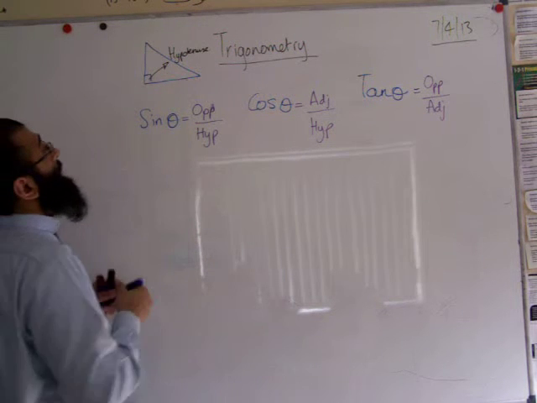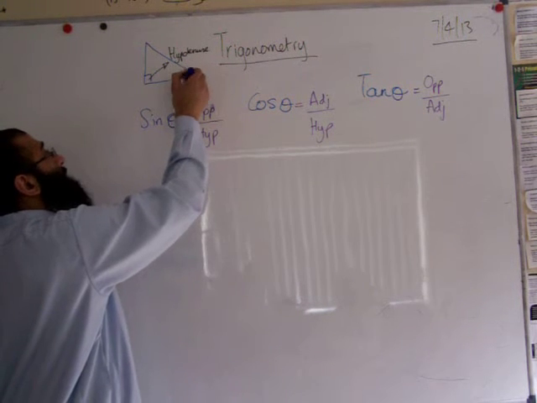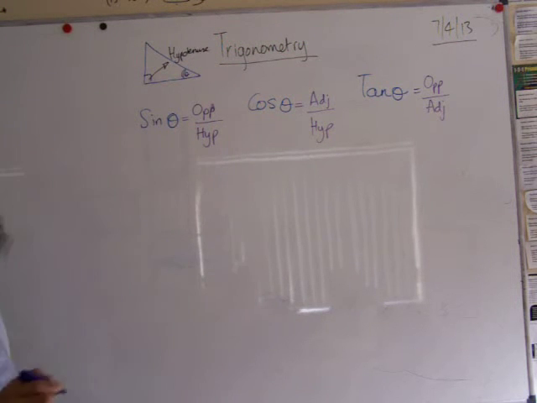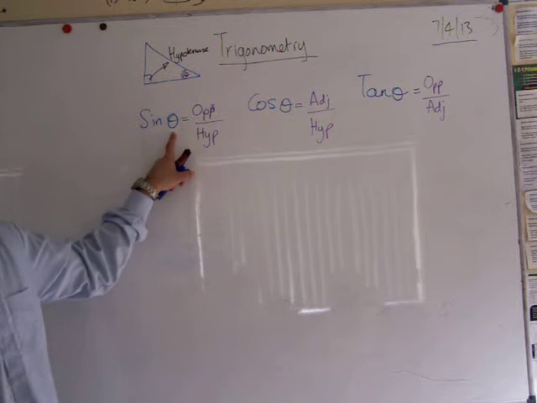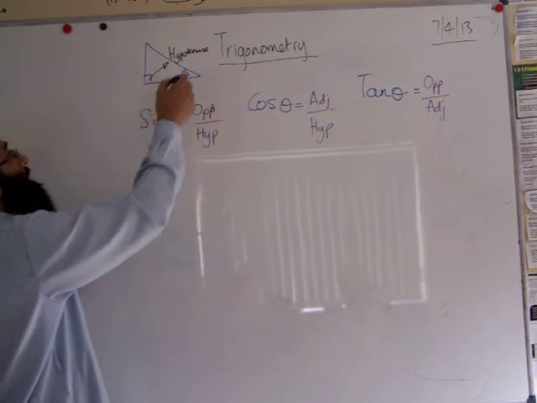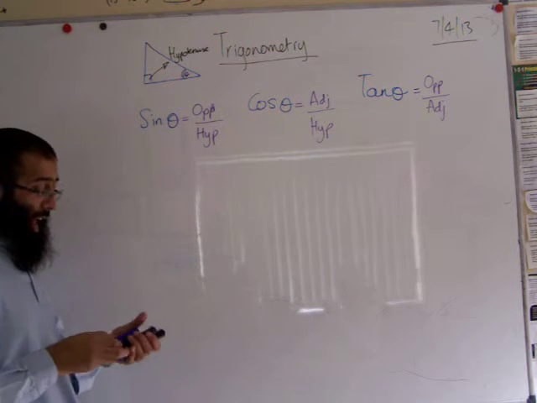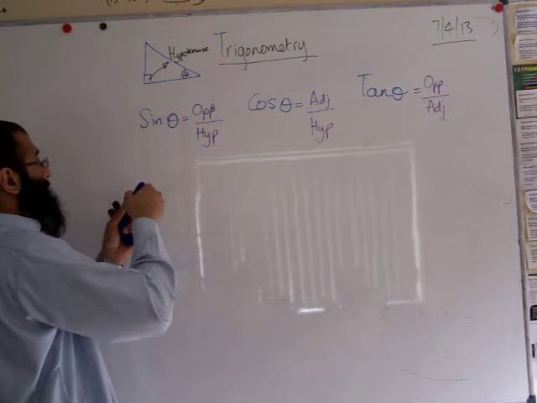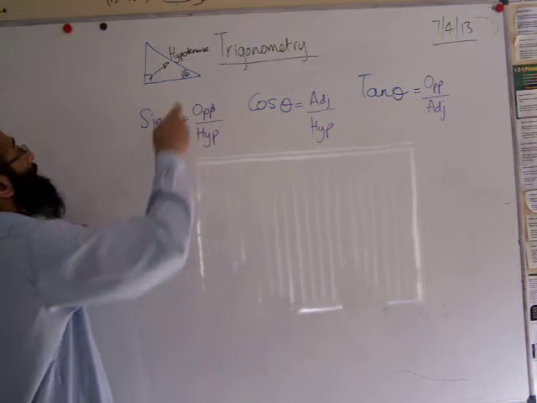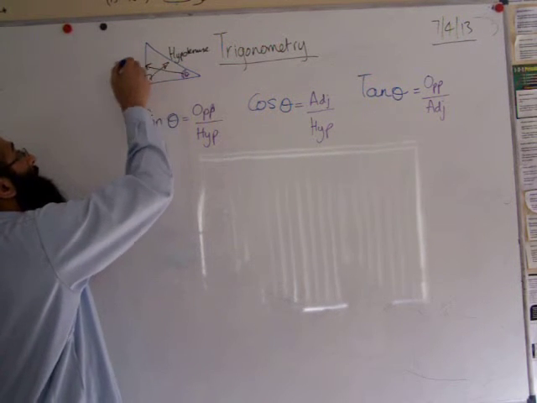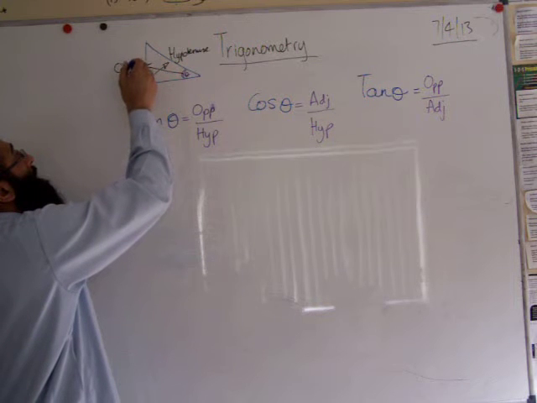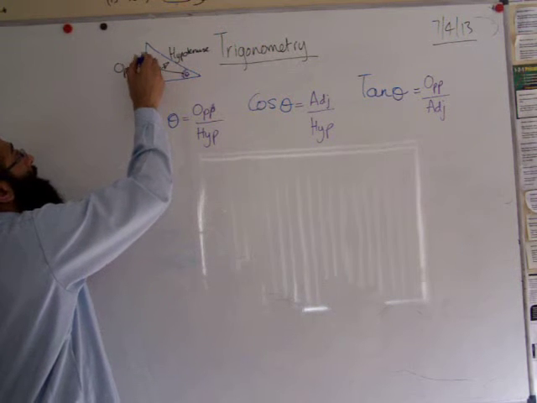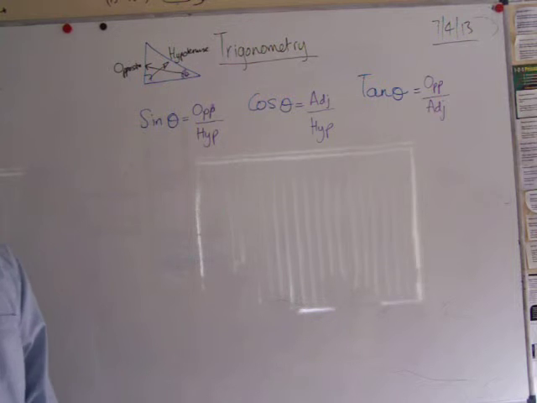Now, a trigonometry question normally involves angles. We use the Greek symbol theta. Opposite the angle that they're giving you in the question, we call that side the opposite.